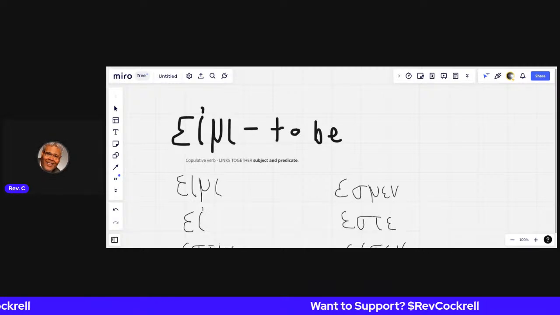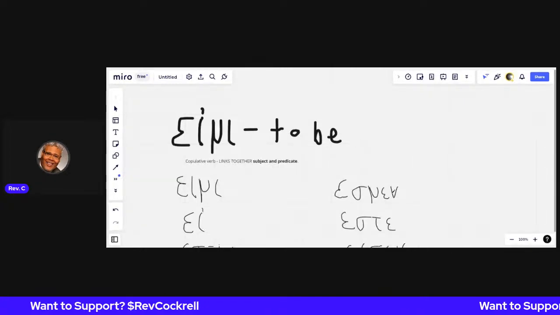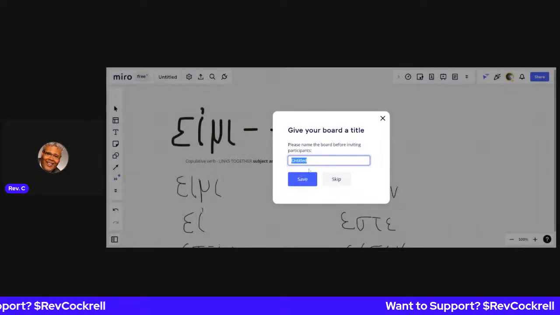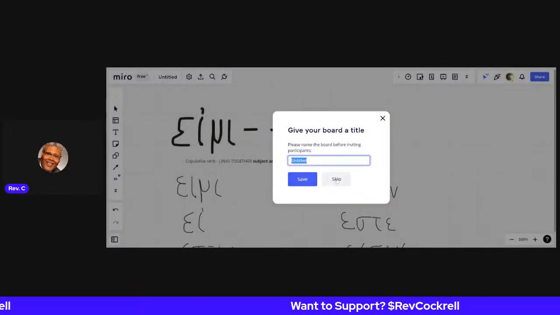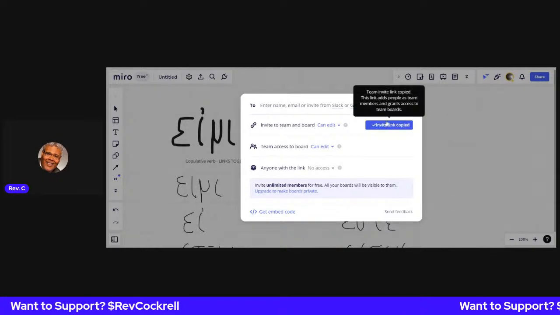All right, so as people follow in, I'll start off with doing the alphabet. Let me share the board as well. That's always important. Copy the link.